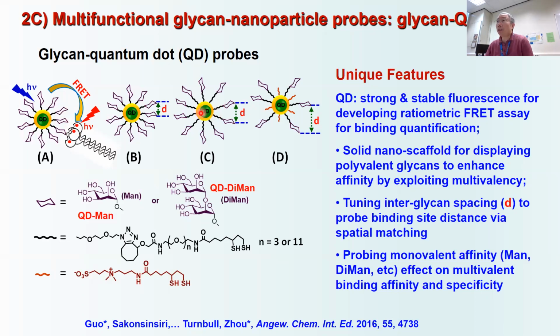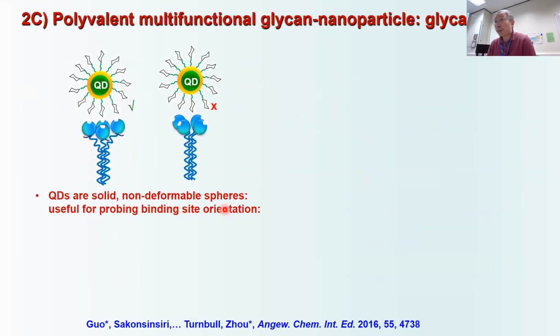We can also tune the inter-sugar distance to probe how it changes their spatial match and their binding affinity and specificity. We can also use different sugars, for example, monomannose and also dimannose, to find out how monovalent affinity affects their multivalent binding.